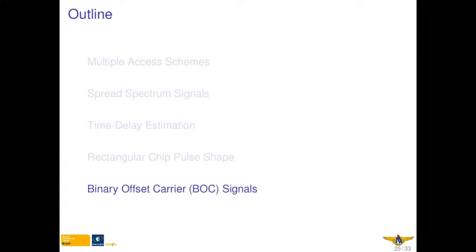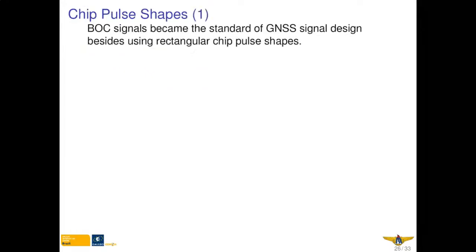Another kind of signals that are used by many GNSS are binary offset carrier signals, BOC signals, and they became kind of the standard of GNSS signal design besides using rectangular chip pulse shapes.